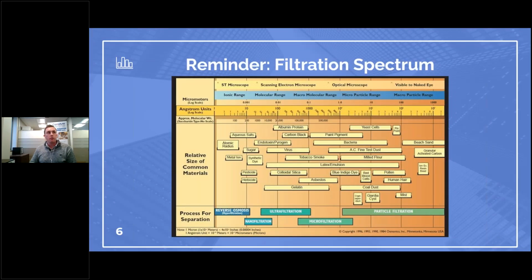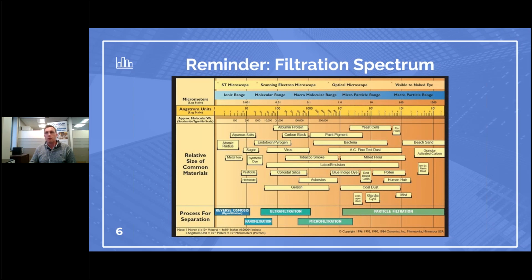Just a quick reminder from the last session, if you were able to join us. If you weren't, by all means go back and take a look at that video, it's great, and maybe sign up for our webinars again so you don't miss a session. Reverse osmosis systems are looking at removing things in the ionic range of our molecular scale. RO really shines at removing those small particles.